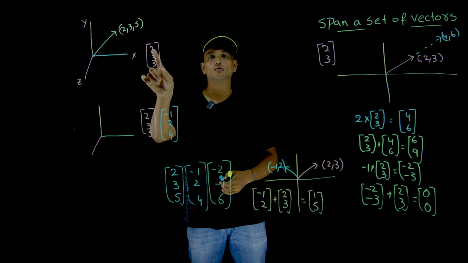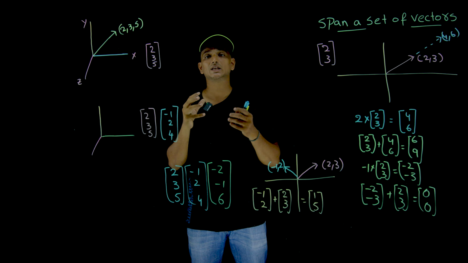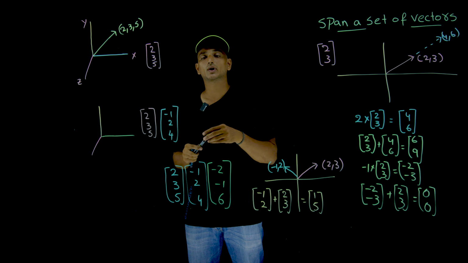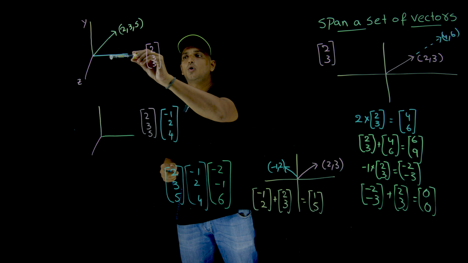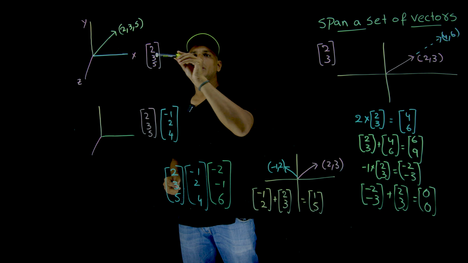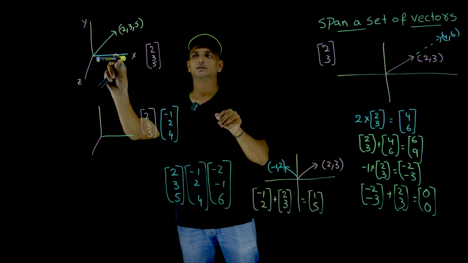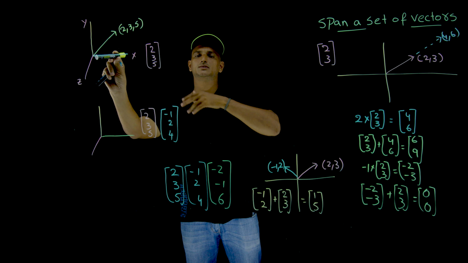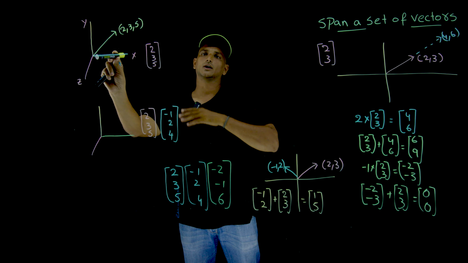So if one vector is given, what is the space that you are going to span? You are going to span by using this vector. You can move to any point on this line in 3-dimensional space. This is a line in 3-dimensional space, which extends to the other side also.